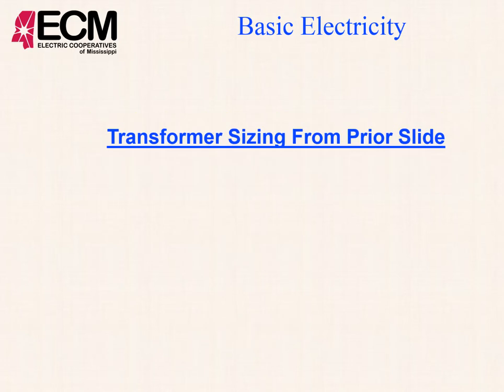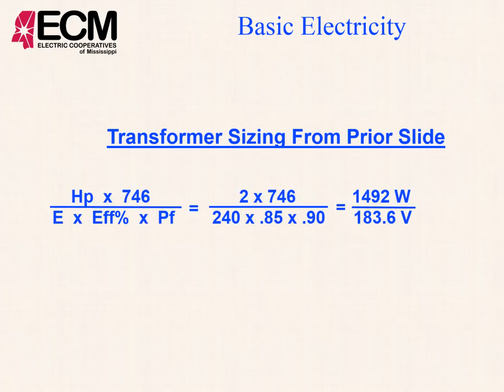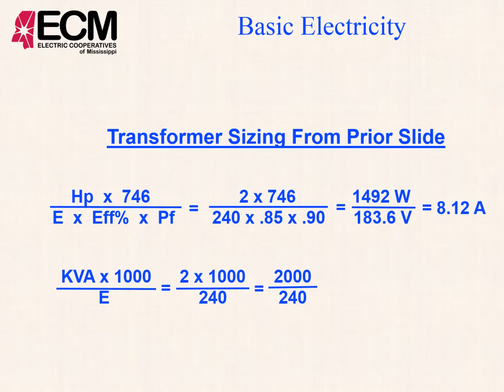Transformer sizing from the prior slide. There again, straightforward. You have the 2 horsepower, times 746. That's just working the math out for you. That motor will pull 8.12 amps. Then you can take that and find the transformer that will supply that much current.